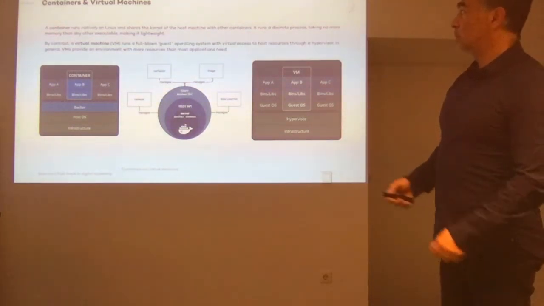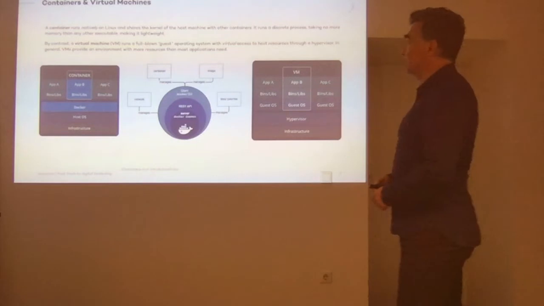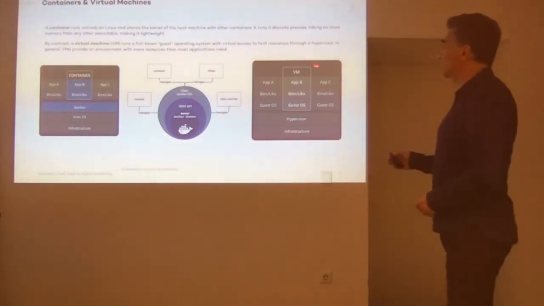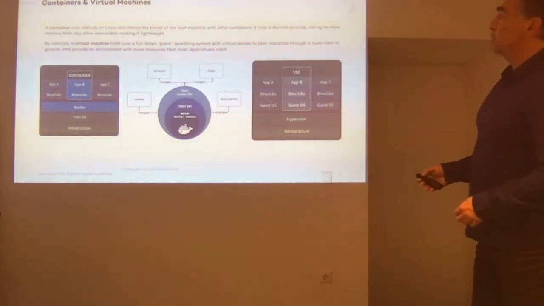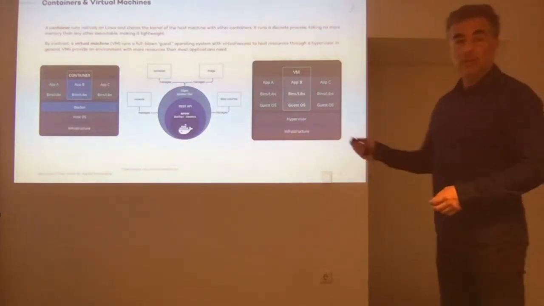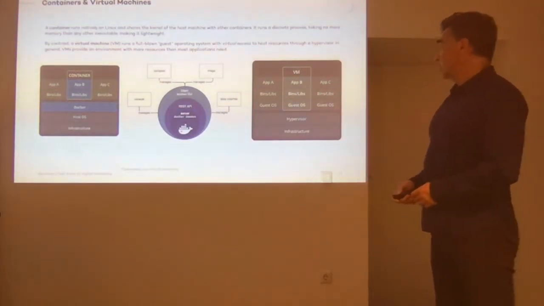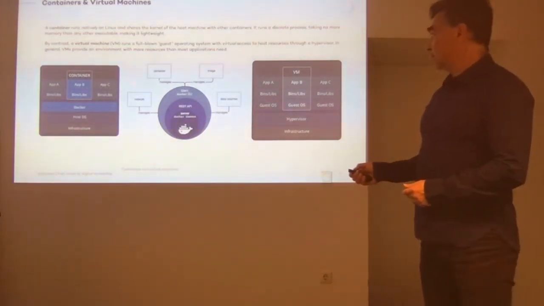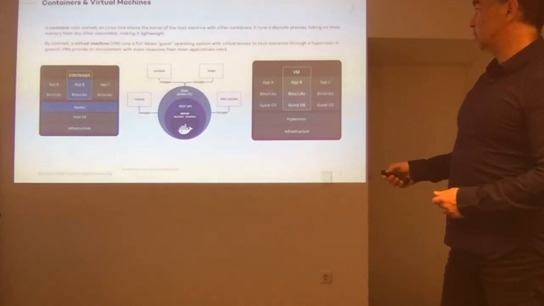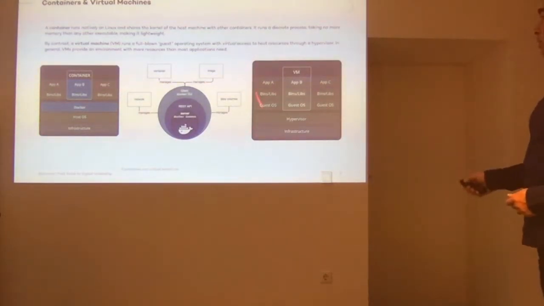By contrast, VMs run a full-blown guest operating system with virtual access to host resources through a hypervisor. In general, VMs provide an environment with more resources than most applications need, which we just mentioned. Now, to show you that, here you have a container model and here you have a VM model.